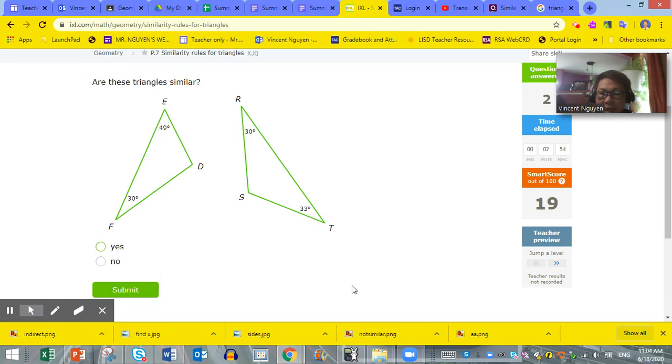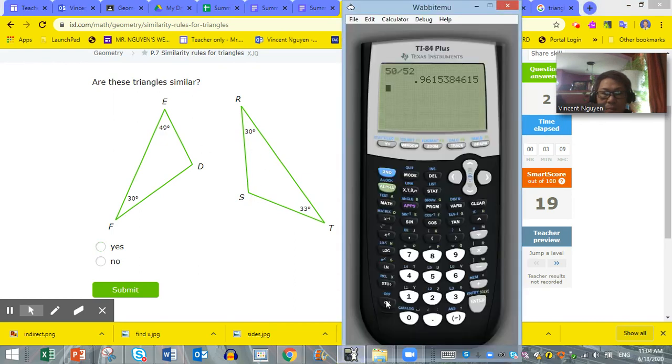They only give us angles. So we have a 30 matches to a 30, and a 33 does not match to a 49. So let's say maybe the other one is 49. Let's say 180 minus 33 minus 30.